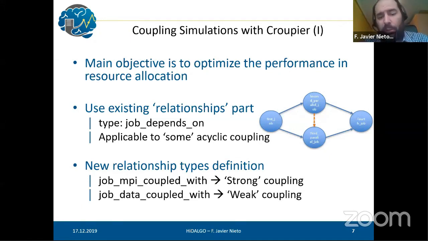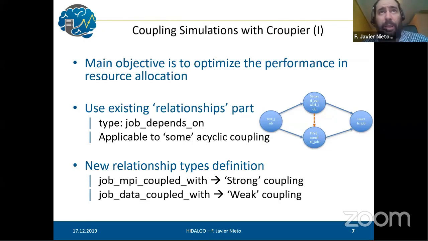One way to do it is to use this relationship part, the relation that we can define right now, which is job depends on. The problem is that it is only useful when you are defining some acyclic coupling, in the sense that it's clear that you have a task which is going to happen before the other one, and they need to share data.